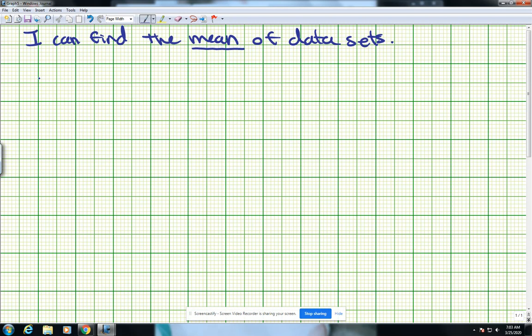Let's go ahead and get the word in our notes. So here's the mean. So in words, we can say it's the sum of the data divided by the number of data values.